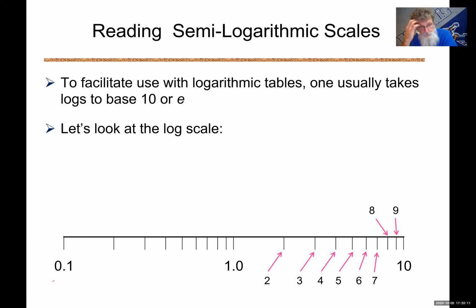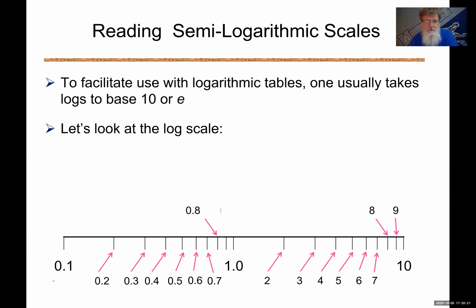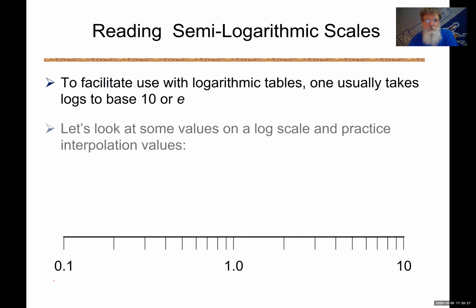Looking at the scale on the right, we'd start at 0.1, and that'd be 0.2, 0.3, 0.4, 0.5, 0.6, 0.7, 0.8, 0.9, and then one more would be 1. So that's the way the log scale runs. Let's look at some numbers. What would that number be? The first thing I like to do is to find the tick mark to the left and the tick mark to the right.